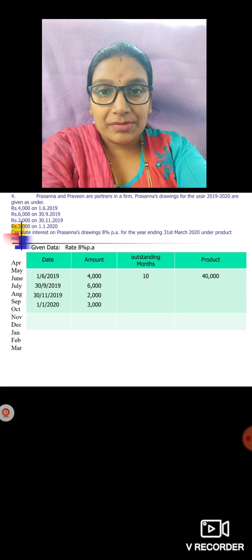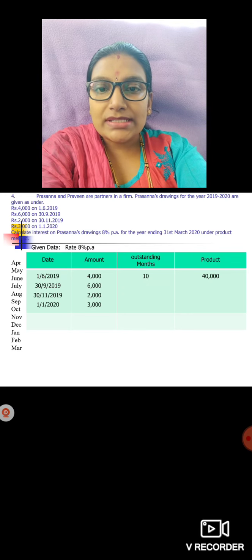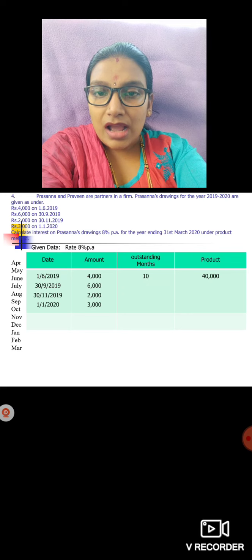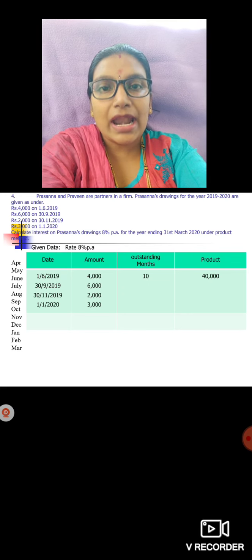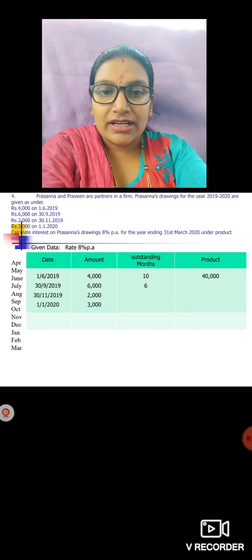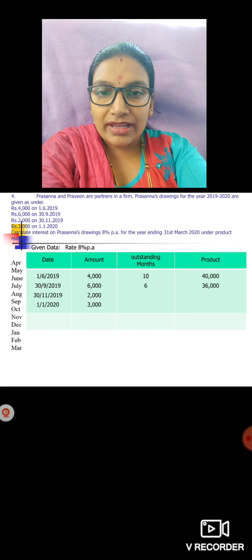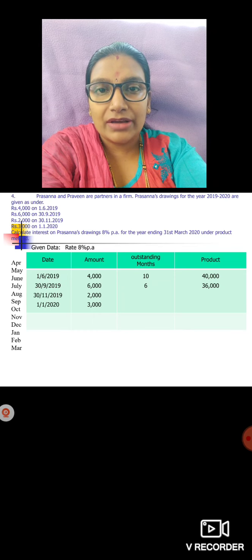But 30th of September is the last date, so you count from the next month: October, November, December, January, February and March. That is 6 months. So 6,000 into 6 gives a product of 36,000.